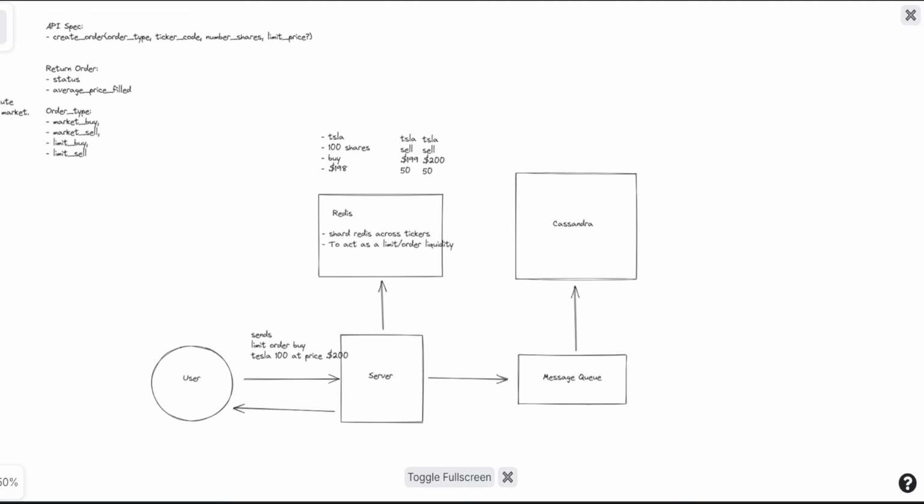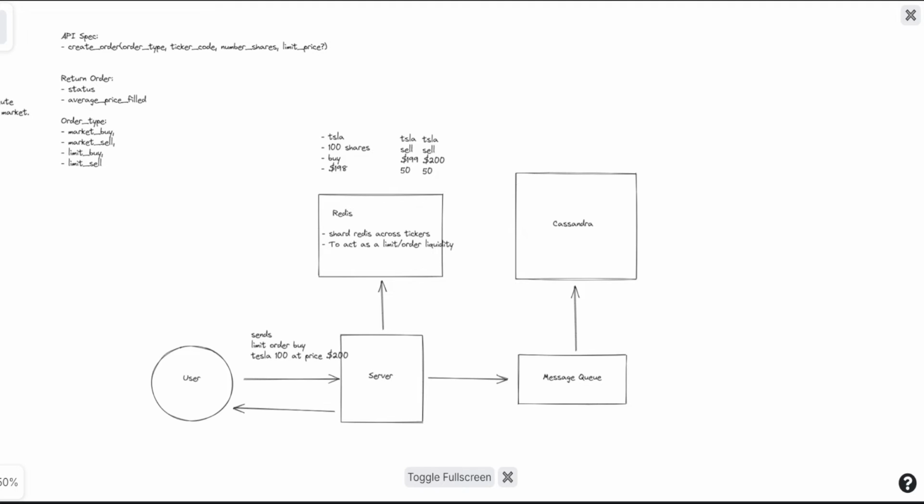So what is going to happen is that Redis is just going to put it there as a buy in the buy limit order section sets of the Redis, which we're going to put in Tesla, and then we put buy 100 shares, and then we put the price there as 198. That's going to be sent back to the user with the status being pending, so I'll put it here as a pending field. And canceled, if you want to try to cancel.